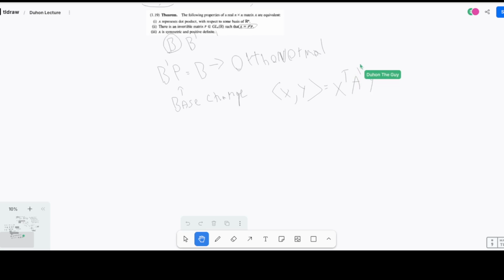If this guy is like the matrix for the dot product of b-line, of the vector space that is spanned by b-line, then we're going to have another version of A, which is for the orthonormal basis, which is B. So we're going to have xt, A, not line, and this guy is going to be equal to pt, A line, P equal A. There we go. Right?